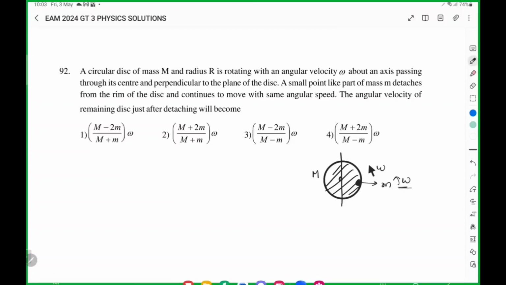So, the angular velocity of the remaining disk. It detaches from the rim, so not by an external process.